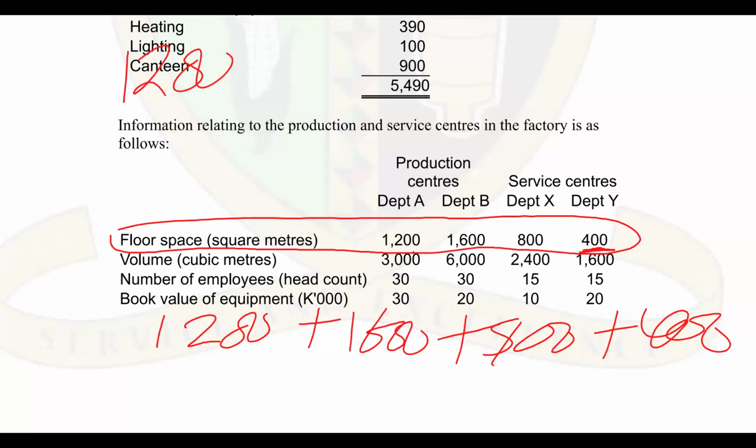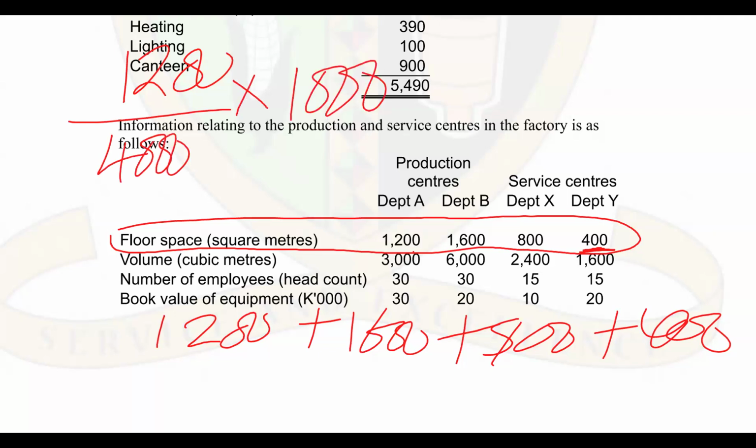Just repeat yourself, sir, you are breaking. This will be how much? 300, yeah? It will be 300, isn't it? The line is cutting. Is that the case with everybody?